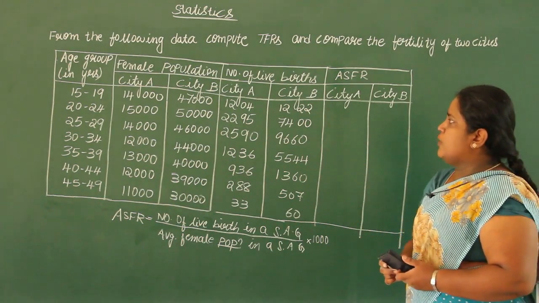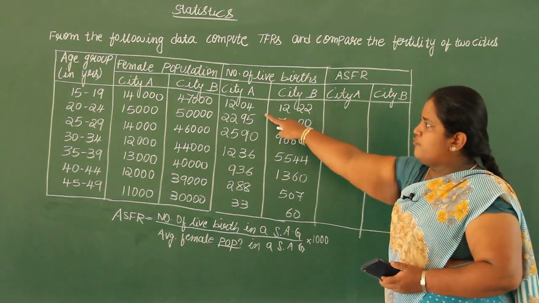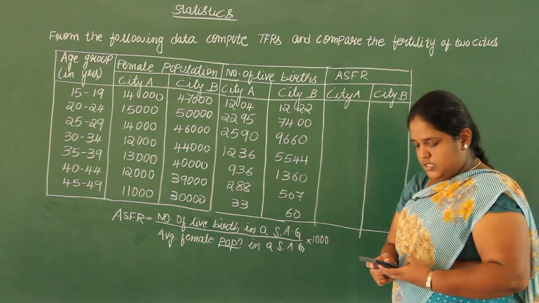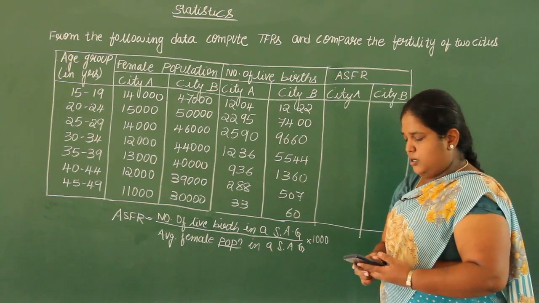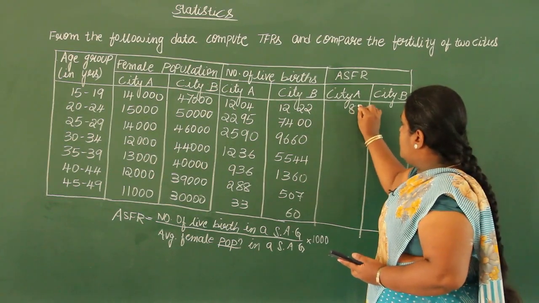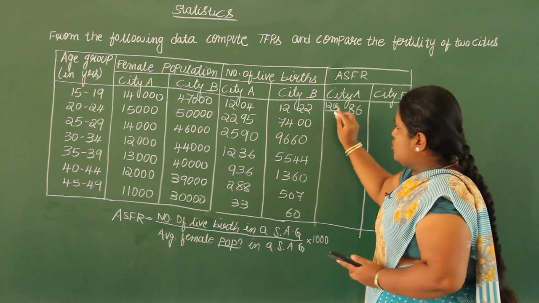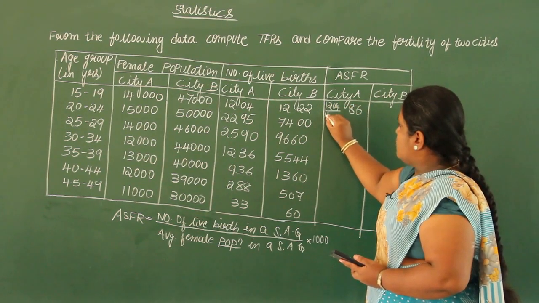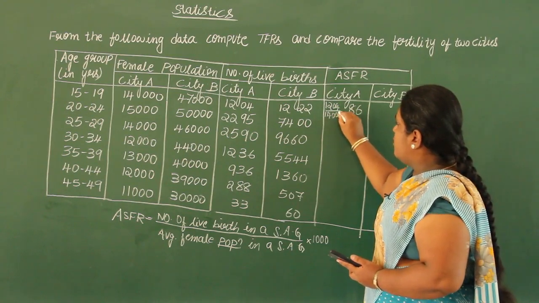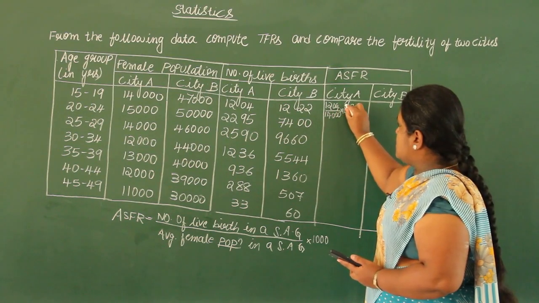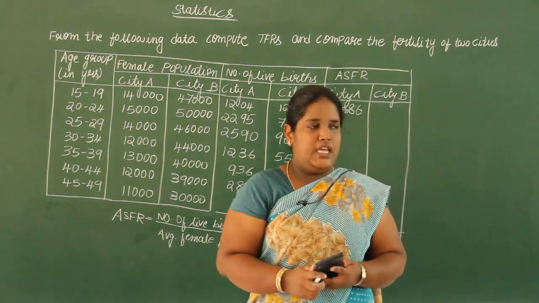For the first one it is 1204 divided by 14,000. 1204 divided by 14,000 into 1000, we get 86, and here one step calculation you have to show.